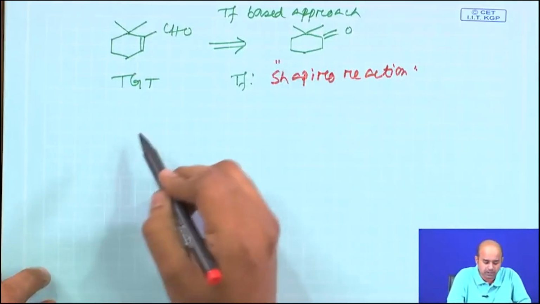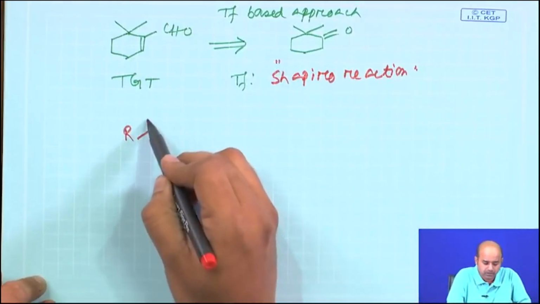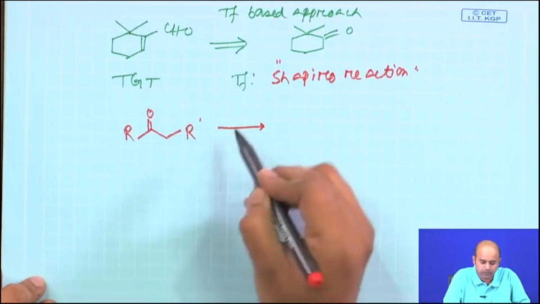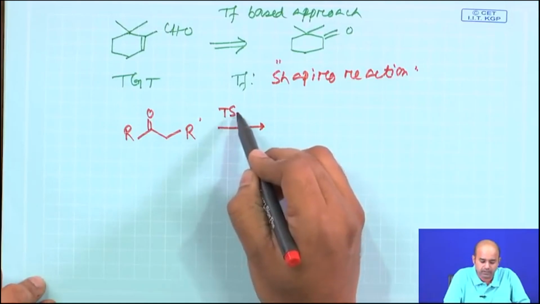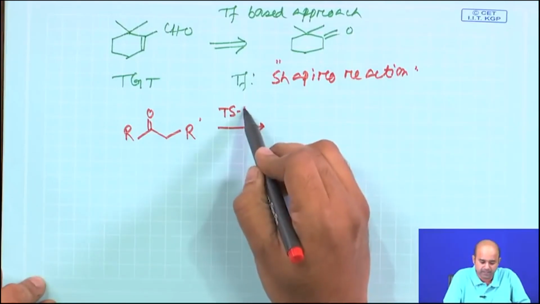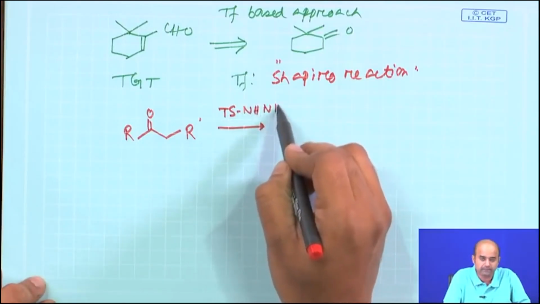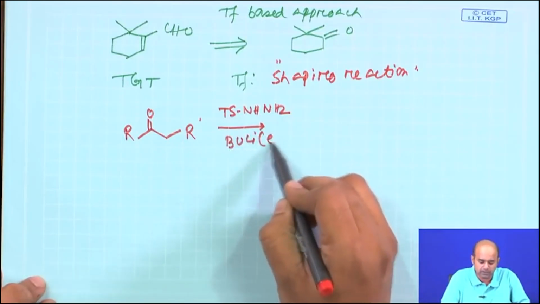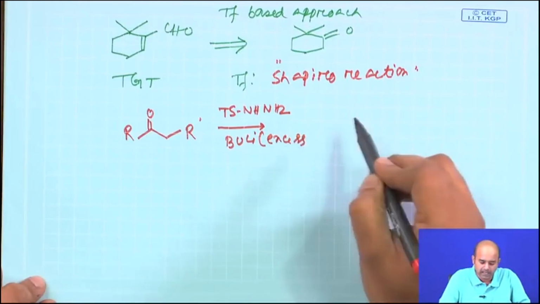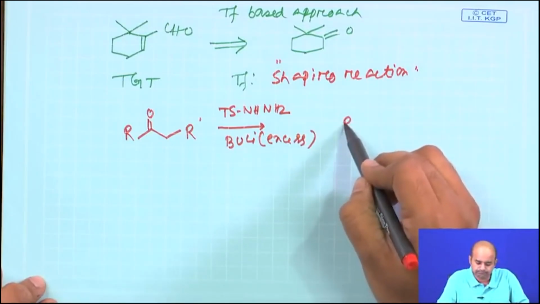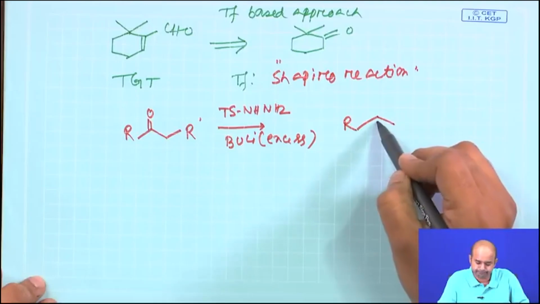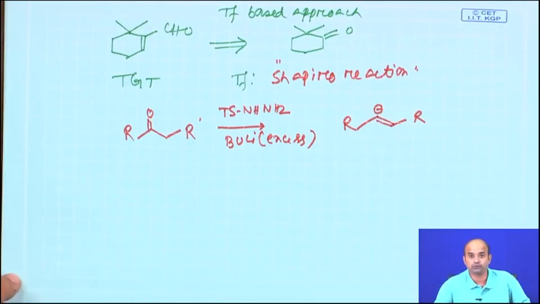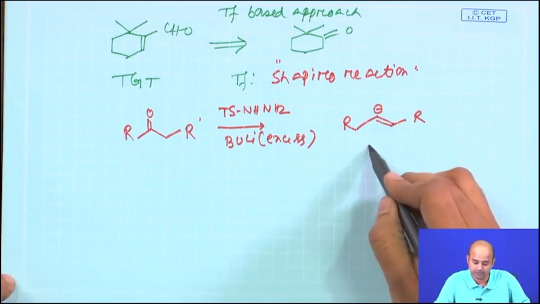The original Shapiro reaction was based on a ketone having alpha hydrogen, which was reacted with tosyl hydrazine in the presence of excess base, either butyl lithium or methyl lithium. And the initial intermediate which is generated, which is not isolated, is a vinylic anion.